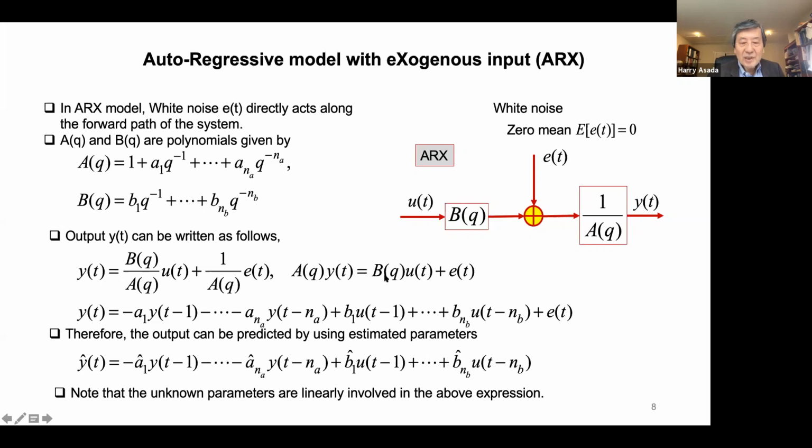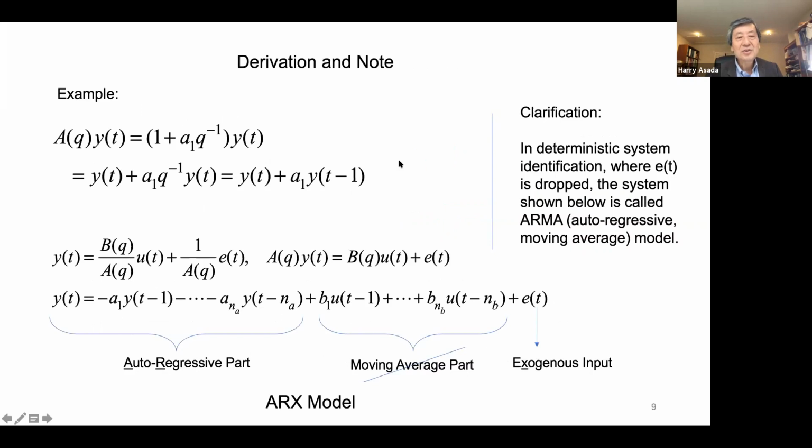So this can be written in this way, because A(q) is given by this, with the time shift operator here. Maybe from here to here, you need to get a little familiarized, so let me show an example of how you go about this. Let's see, we'd like to compute A(q) Y(t). Now, A is a simple case, 1 plus A1 q^-1, only one term over here, okay?